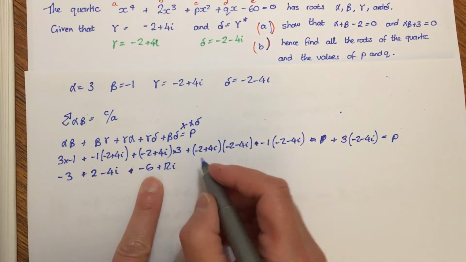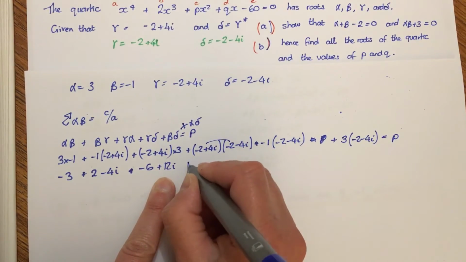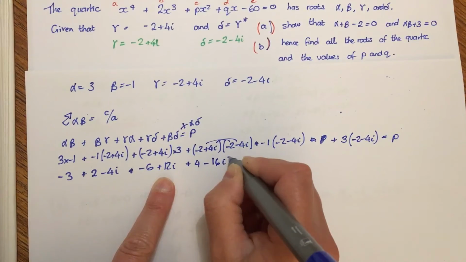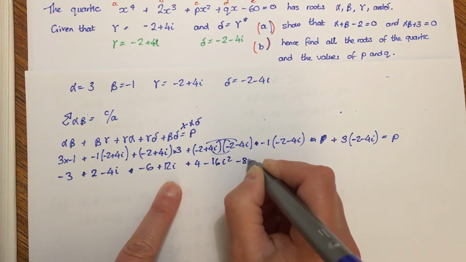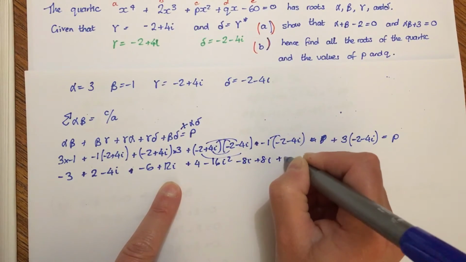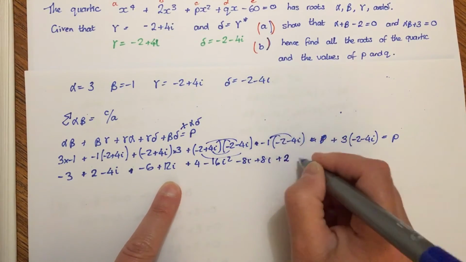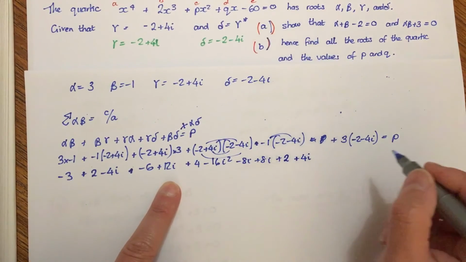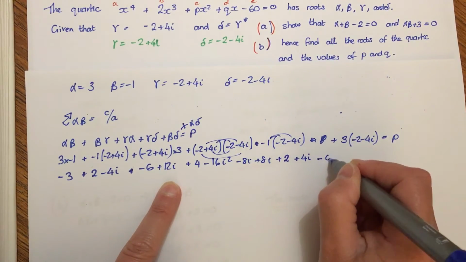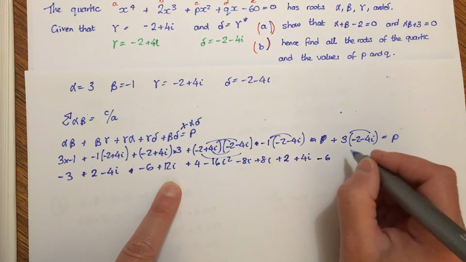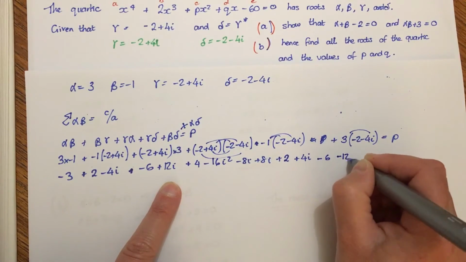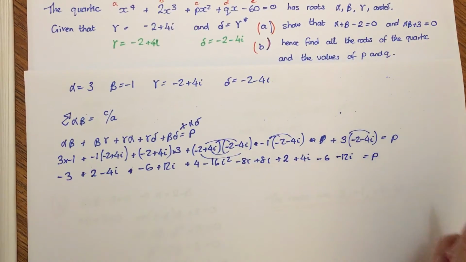So hang on, I got to here. Plus 4 minus 16i squared minus 8i plus 8i plus 2 plus 4i minus 6 minus 12i equals P. So let's look at the i's.